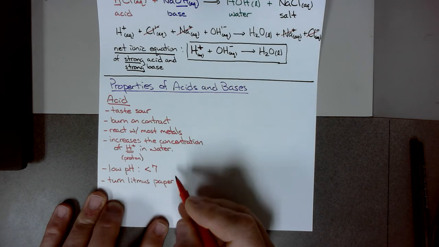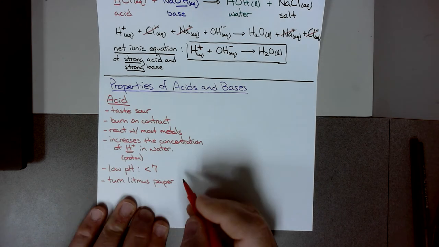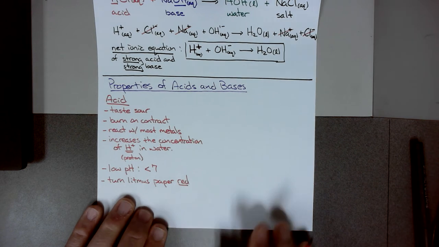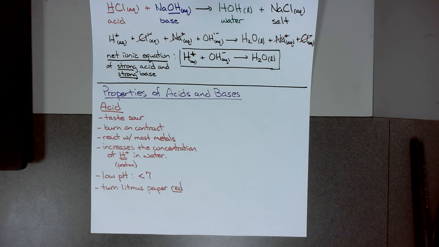So when you have pH paper, acids turn it red. And that's why I put all acids in red. Try to keep a cohesive or coherent color scheme here.